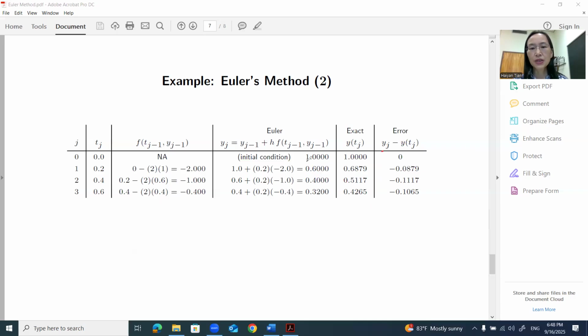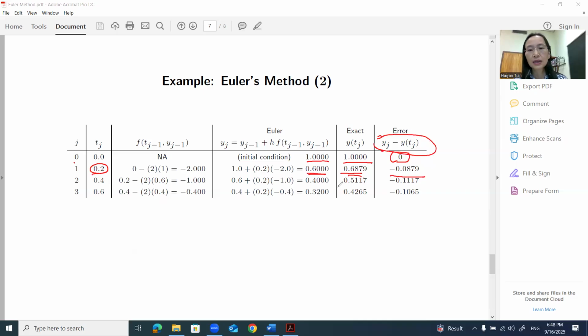At T0, of course, no difference. And at T1, there's a difference. You see the approximate solution is less than the true solution. So the error is negative when you do the subtraction.